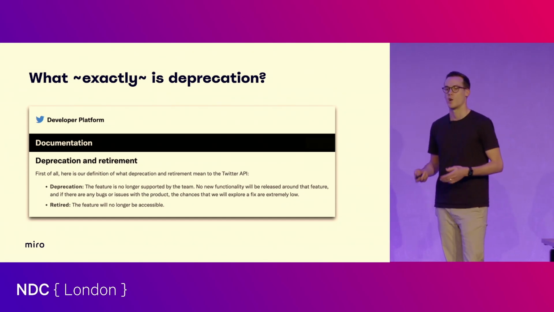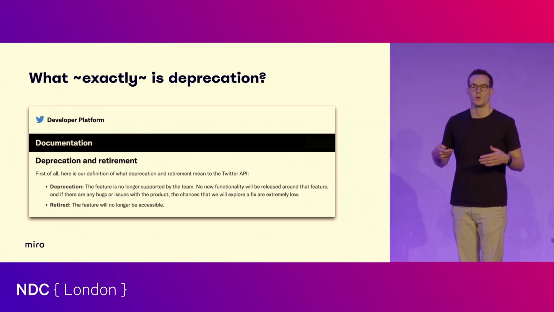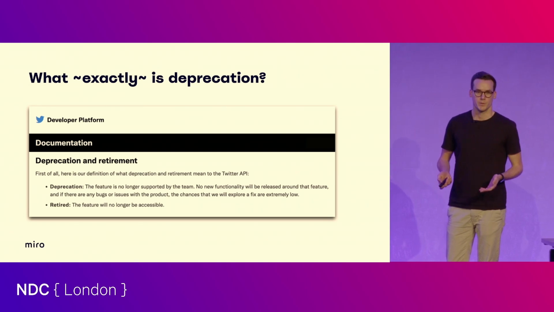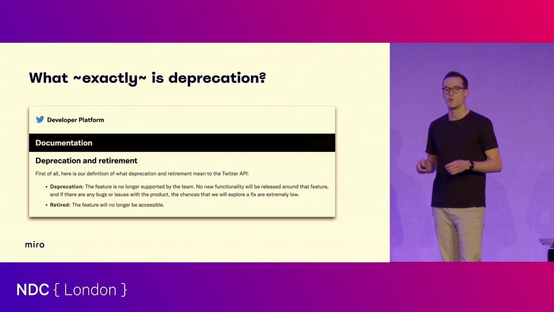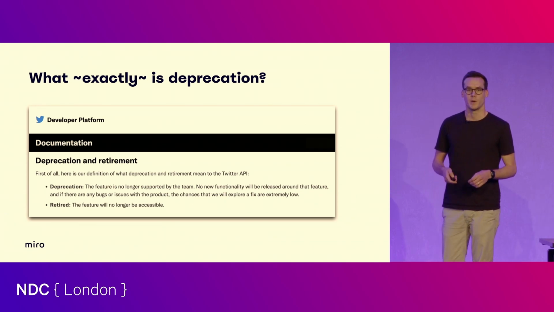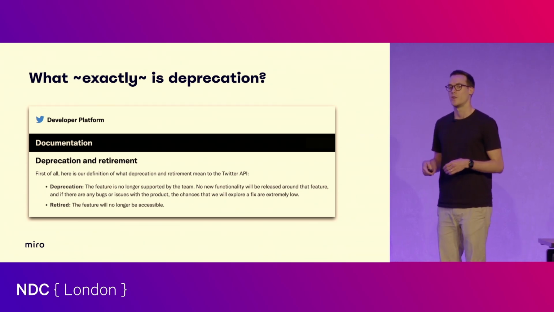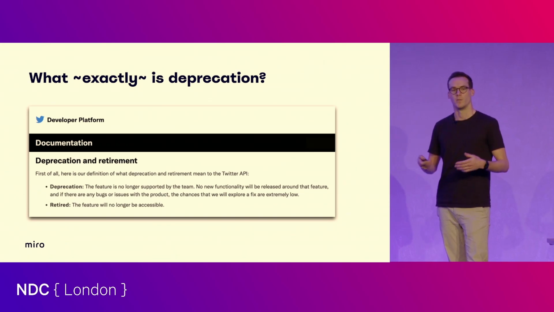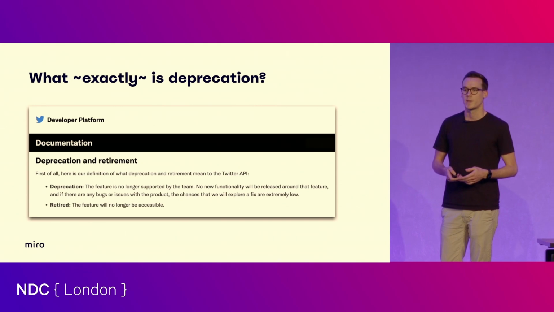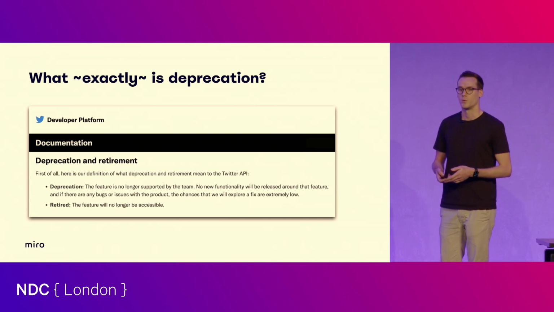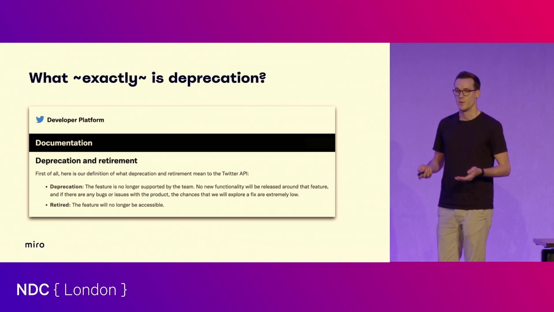And they define retirement as: this feature is no longer accessible, it's no longer viable to use. It's really important to be clear on how you're going to define deprecation versus retirement up front, because if you're not clear on how you're defining this phase of end of life for your services or your APIs, you certainly can't expect end users or developers who are looking at your policies or working with your services to be clear either.